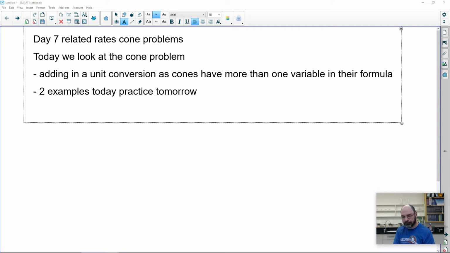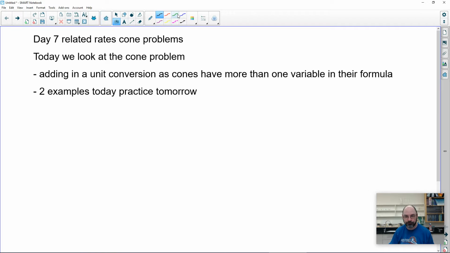Okay, so let's get the formula out for what a cone volume is and how the related rate changes with them.